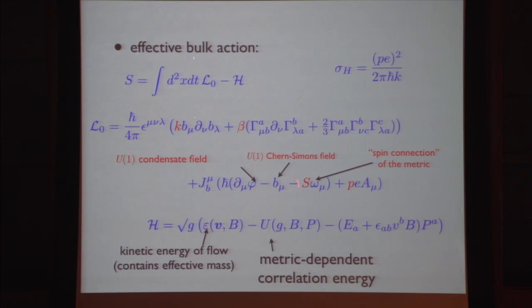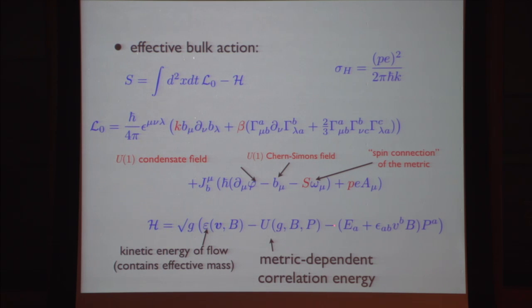And so again, apart from these three terms, which are basically topological in character, you have the energetics of the problem. There'll be some correlation energy which favors a particular metric, but when you expand around it, you'll get a quadratic expansion in the fluctuations of the metric, as a kind of shear tensor.